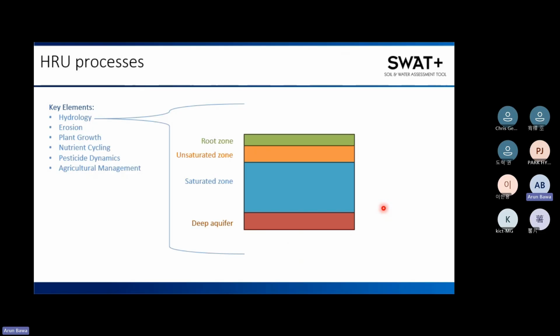Each HRU is even a 1D object, and we have divided it into multiple layers. First is what would happen depending on your climate, how much precipitation is coming. Based on your soil properties, land cover properties, and topography, it will divide that precipitation into infiltration and surface runoff. Based on your temperature, it determines how much goes to evaporation and how much to transpiration.